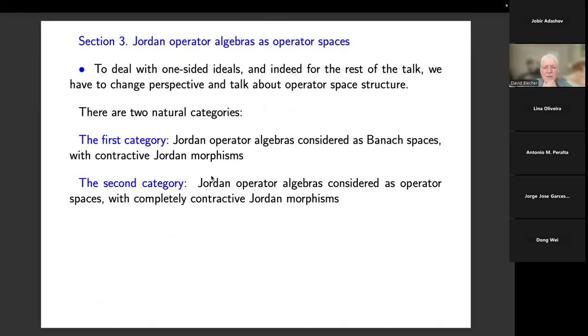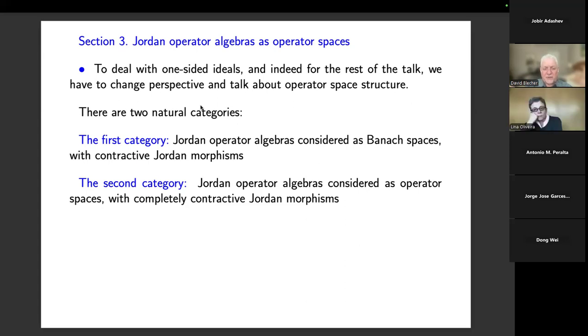So in the last section, I will talk about Jordan operator algebras as operator spaces. Previously, we've been talking about them as Banach spaces. But to deal with one-sided ideals, and for everything else in the talk, we have to change perspective and talk about the operator space structure. That's because there are two natural categories that Jordan operator algebras live in.